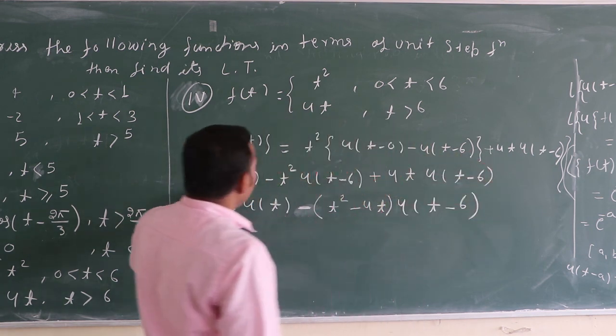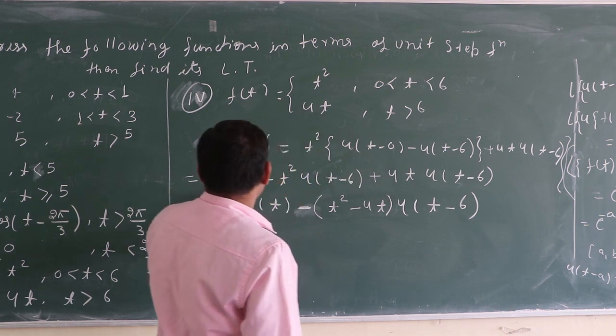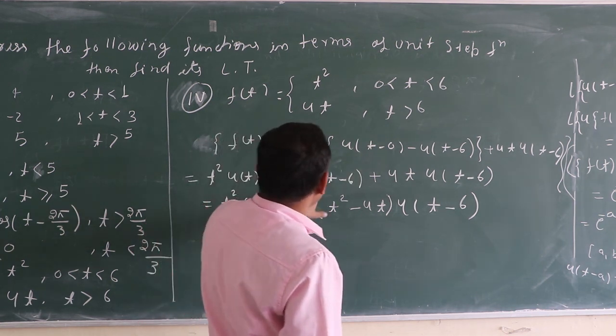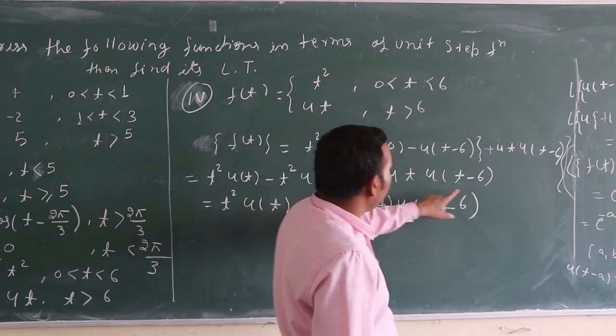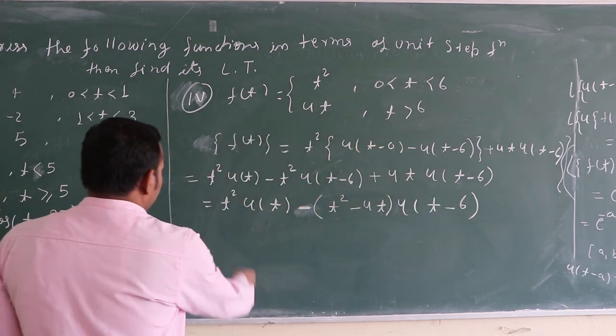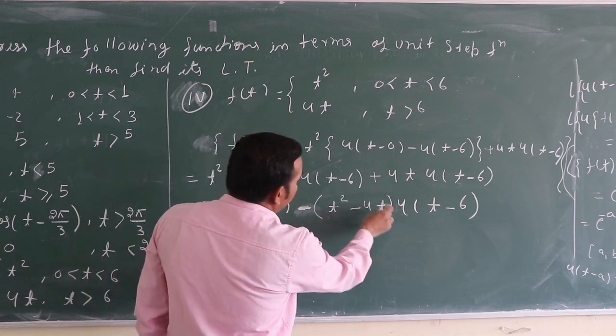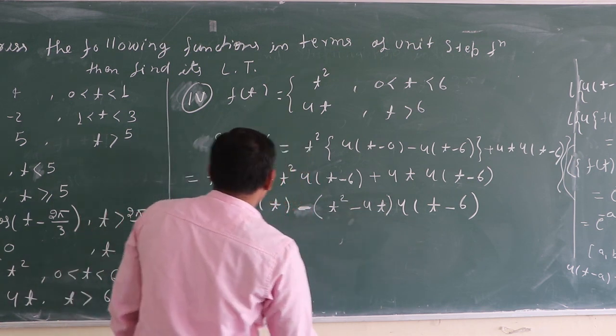So t square u(t) minus t square u(t minus 6) plus 4t u(t minus 6). Take minus outside, so (t square minus 4t) u(t minus a).